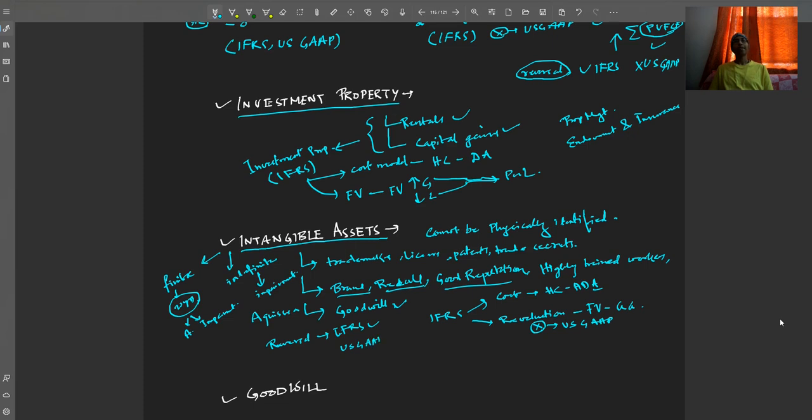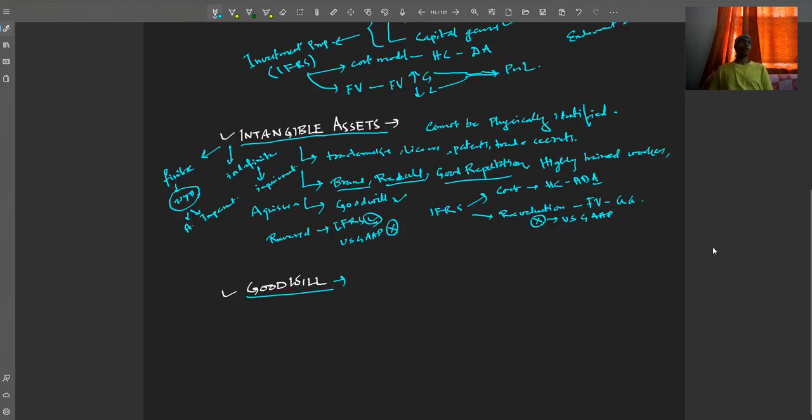So things are pretty similar to property, plant and equipment treatments, right? Goodwill. We discussed it earlier, friends. Goodwill is defined as acquisition cost minus fair value of net identifiable assets. Now, what is net identifiable assets, friends?